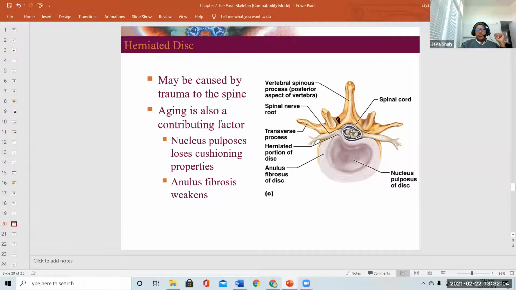This is the posterior aspect of the vertebra. Then you have the transverse process. And then you can see articular cartilage where the superior vertebra articulates here. And then there is a disc. The disc is made up of fibrocartilage.